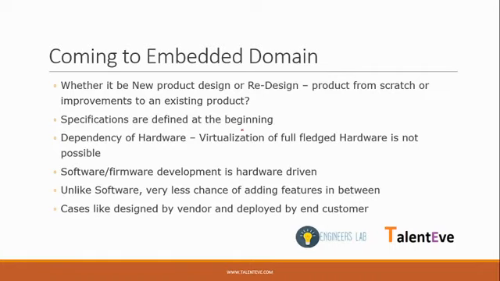So the major dependency, or drawback, of taking DevOps into embedded is the hardware. The software and the firmware are hardware driven. Unless you have the hardware in hand, the software and firmware cannot be developed, or at least you should have basic knowledge of the ingredients going into the software and firmware.